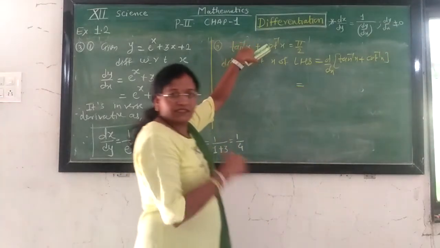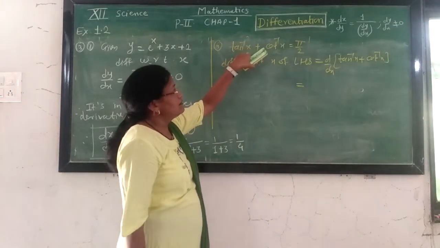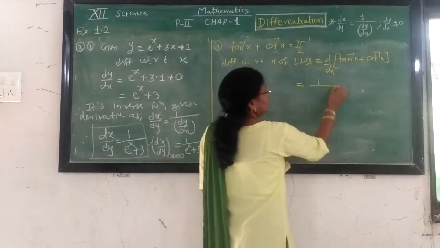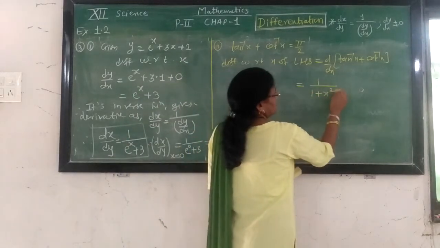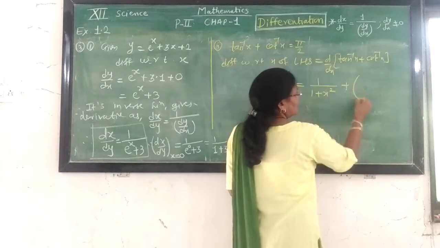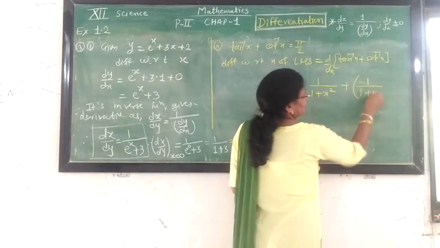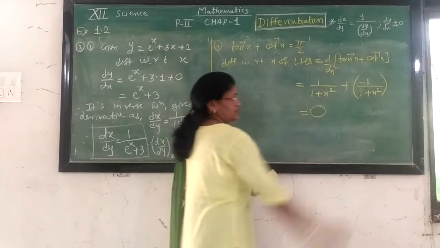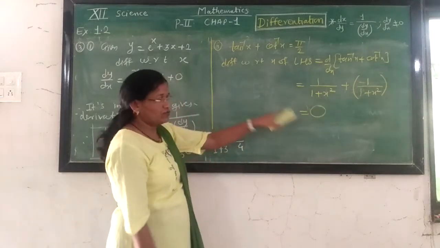What is the derivative of tan inverse x? Now we take the result. The derivative of tan inverse x is 1 upon 1 plus x square, plus the derivative of cot inverse x, which is minus 1 upon 1 plus x square. So that value becomes 0. Using derivative, how to prove this?